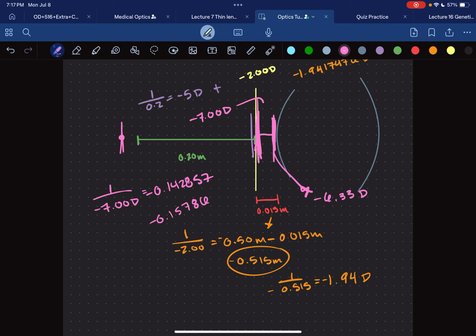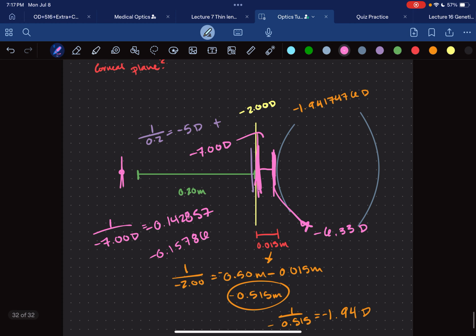And if this eye didn't have this refractive error right there, we would just stop there. But the eye will have to do that much less accommodation.